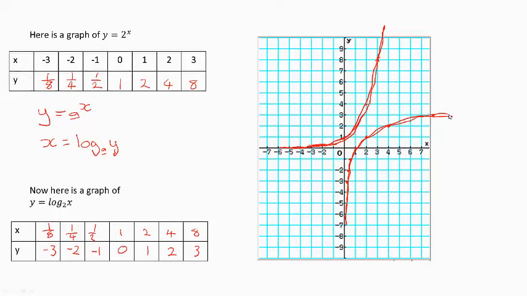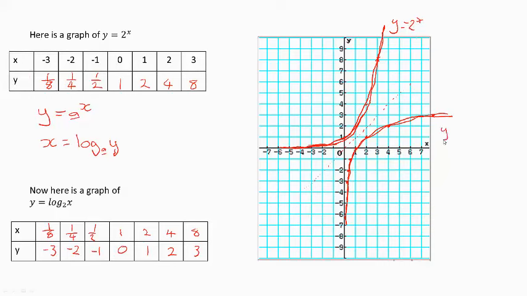When you look at that, you say, well, that looks really much like a reflection. If I draw a dotted line y equals x, you can see that's a pretty good reflection. This one up here, y equals 2 to the x.